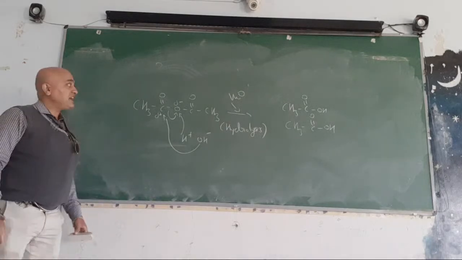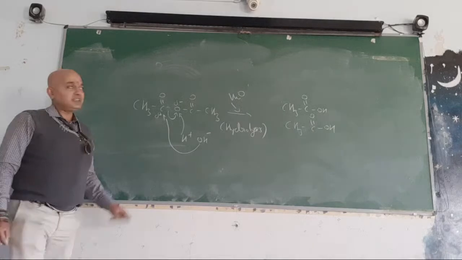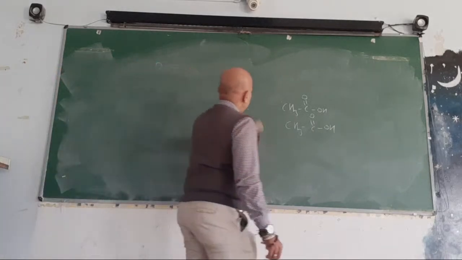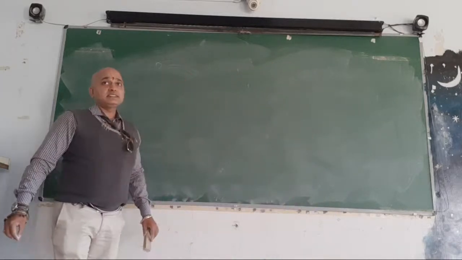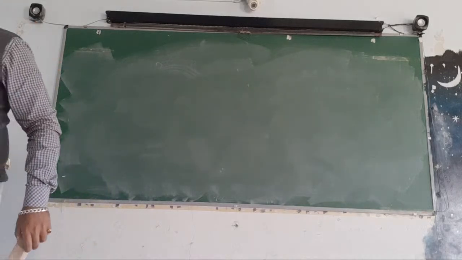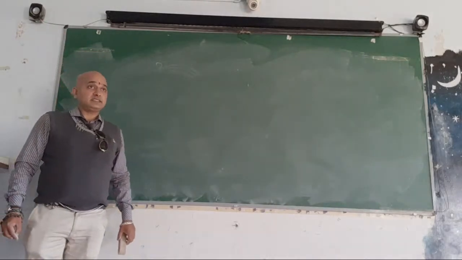Okay? So that's the preparation of carboxylic acid by using anhydrides. Which is that reaction? Hydrolysis. In the same way, another molecule is there. We have another molecule which is called esters.